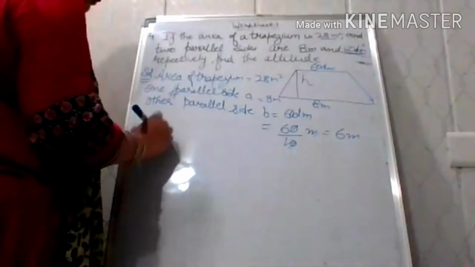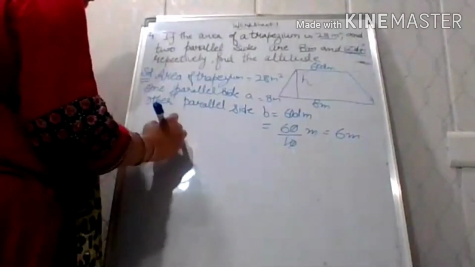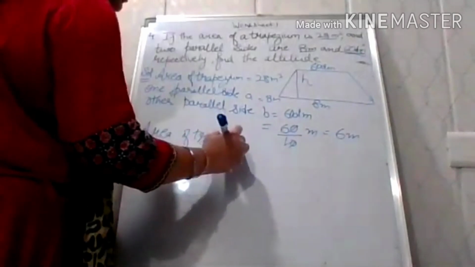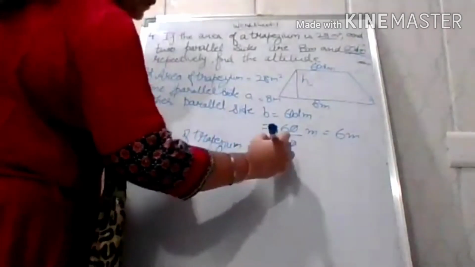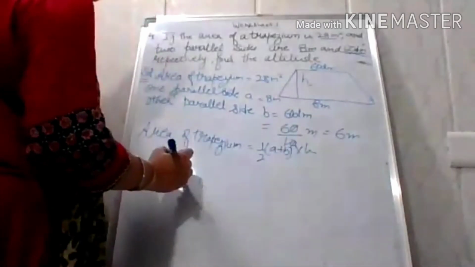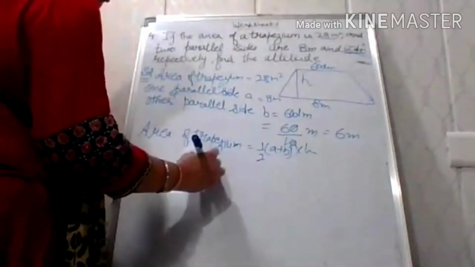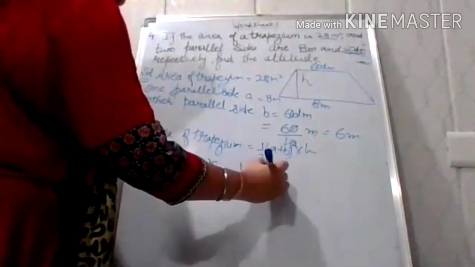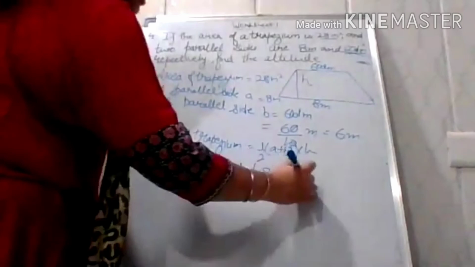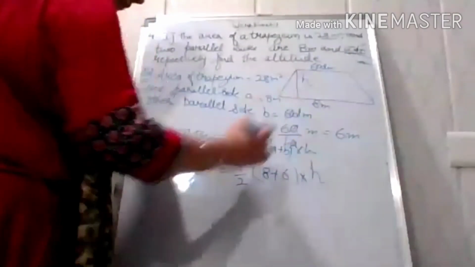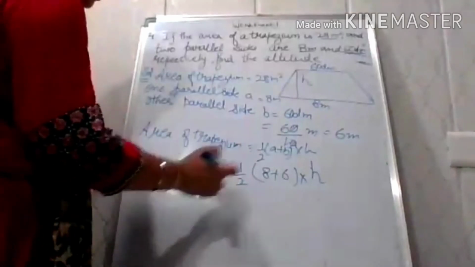Now area of trapezium, we know the formula, is equal to half A plus B into height. Area we have 28 meter square, half A is 8 meter, B is 6 meter, and height we have to find. So how can we do? We just solve it.